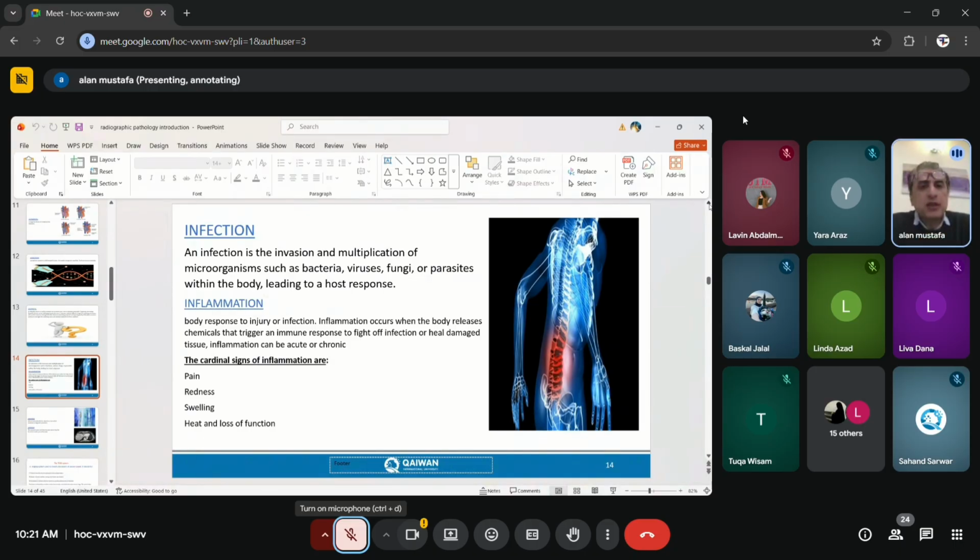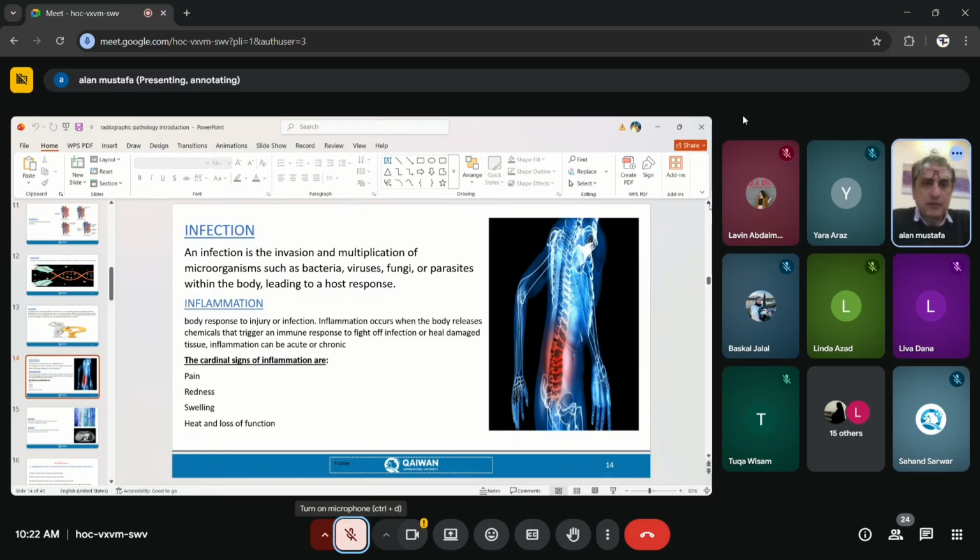Whenever we say the word infection, it means that there should be bacteria or virus going inside the body, or fungi or parasite. So this is infection, something goes inside the body. But inflammation is a response of our body to the outer infection, to the injury, to anything.